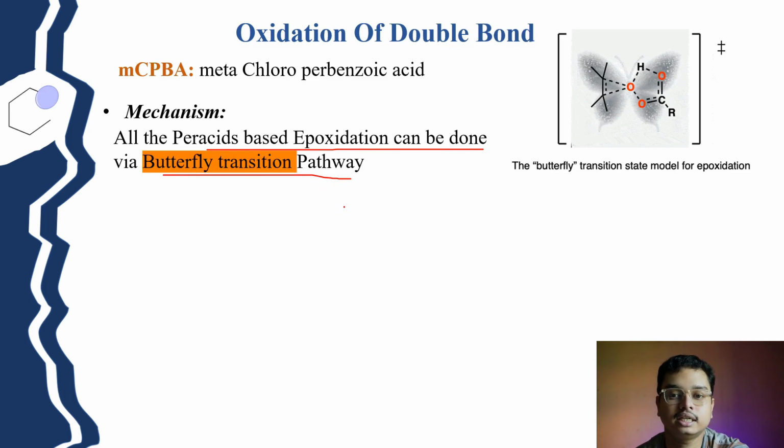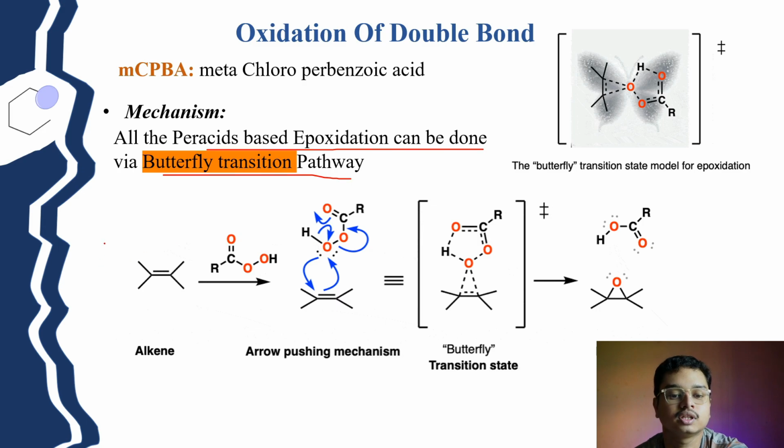Now let us understand the mechanism in detail. This is the alkene, and this particular double bond is electron rich, and this oxygen is electron deficient. So the double bond attacks the electron deficient oxygen, and this bond goes up.